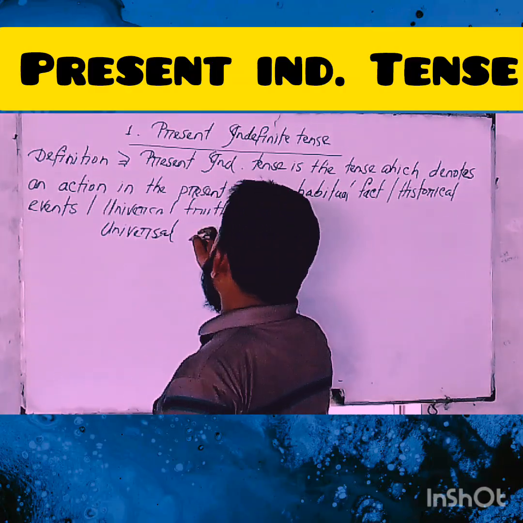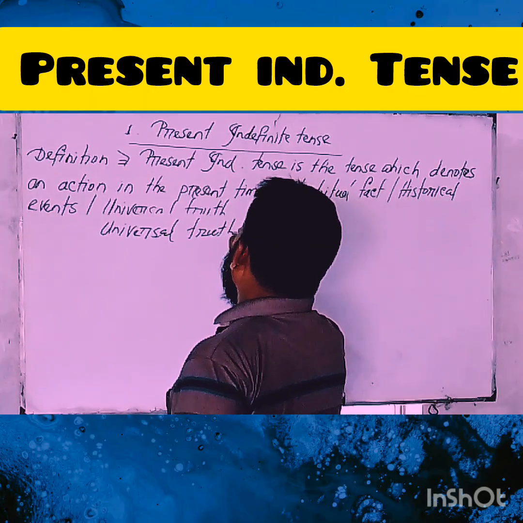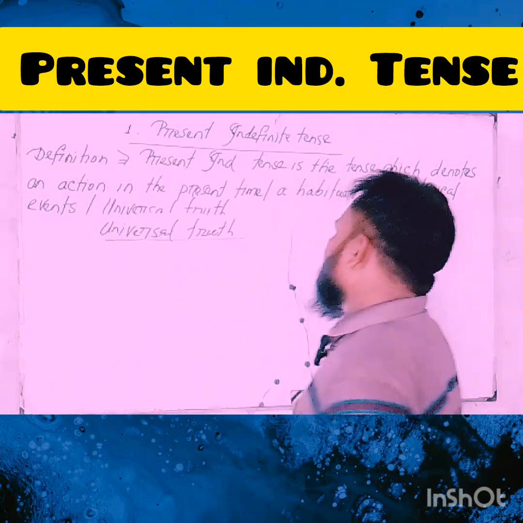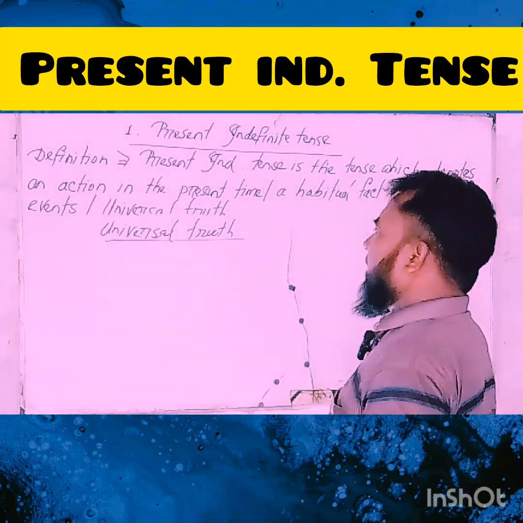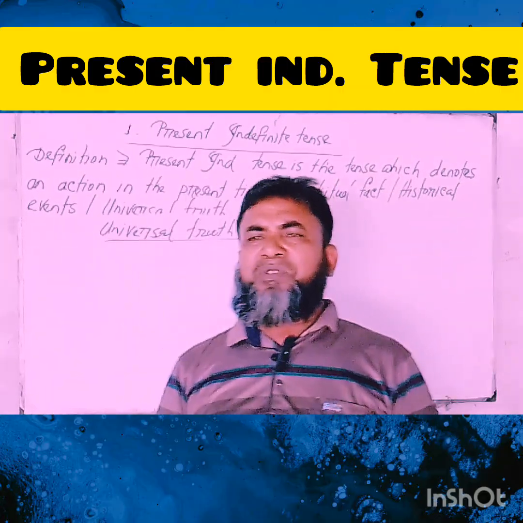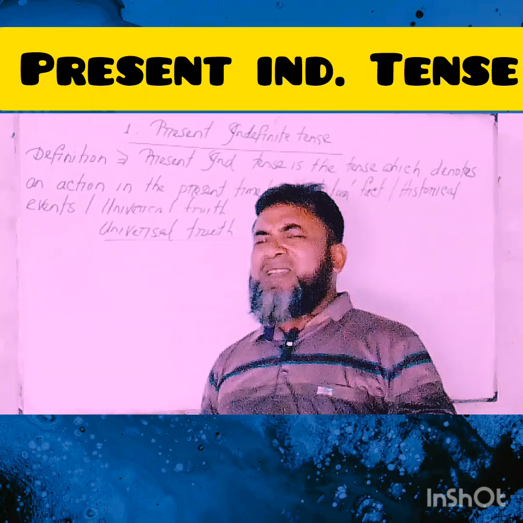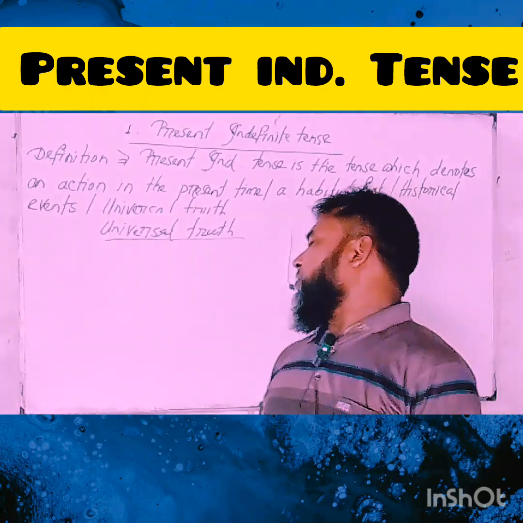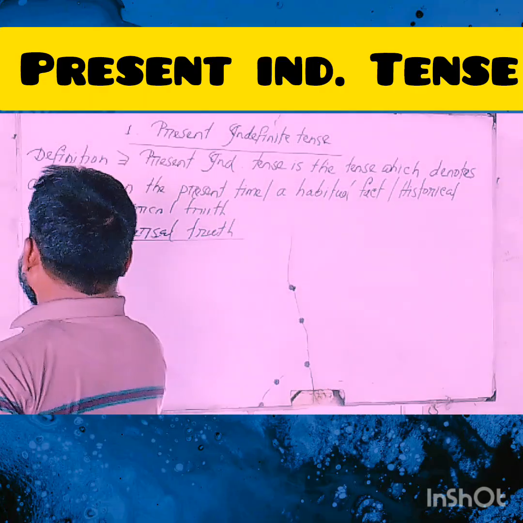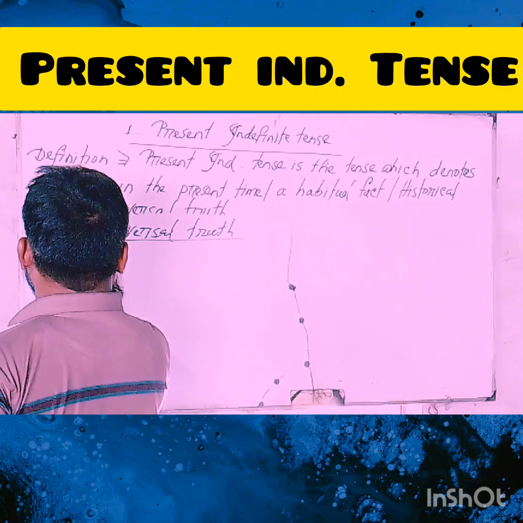Universal truth. Of course, you know that, my dear learners, universal truth means eternal truth, which is true after the creation of this world. So, my dear learners, take a look at the board and try to understand.